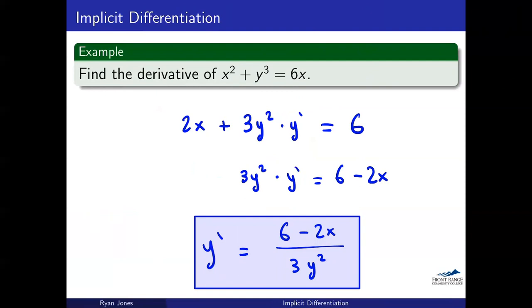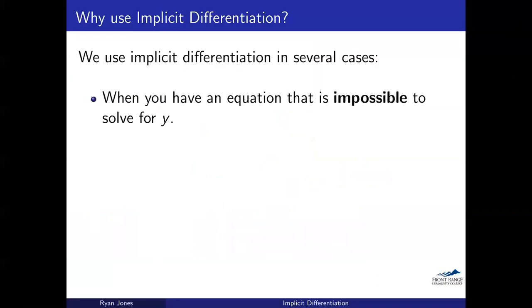But really, there's a handful of cases that we like to use implicit differentiation for. The first is that if it's impossible to solve that equation for y. In some cases, I could give you an equation that you just can't solve for y, and so you can't go through that method of solving it for y and then taking a normal derivative.